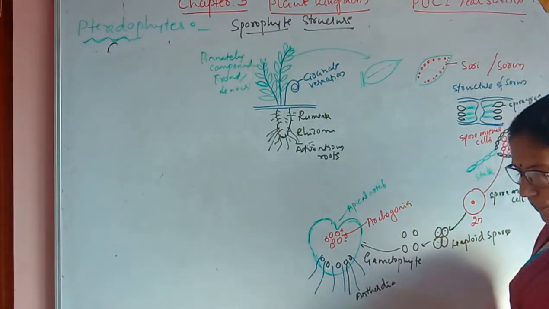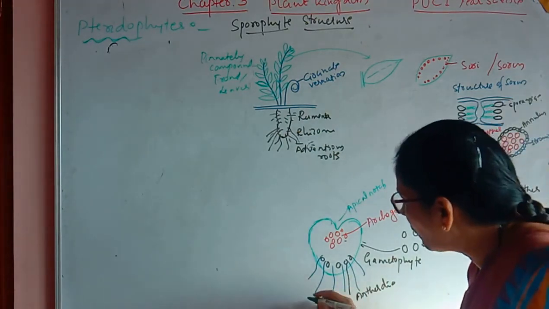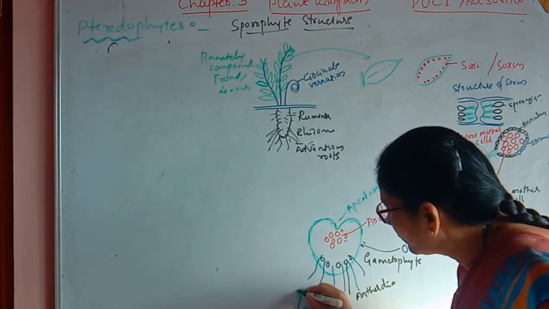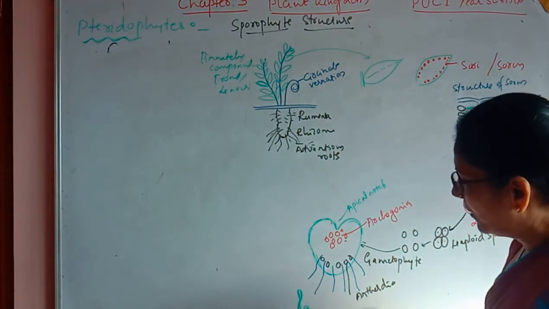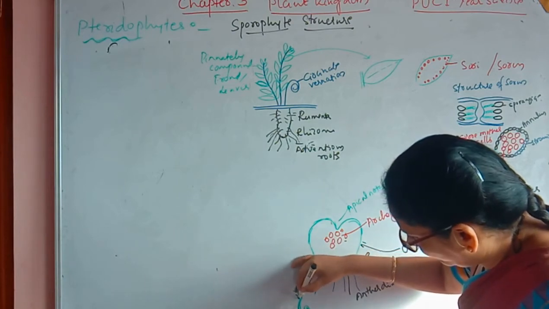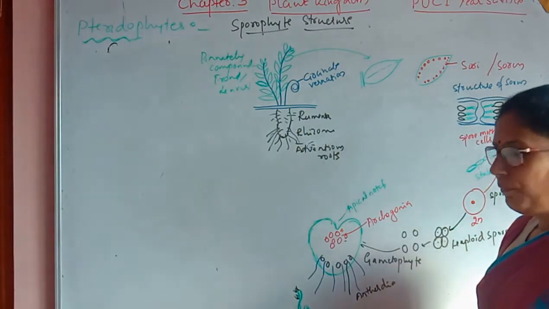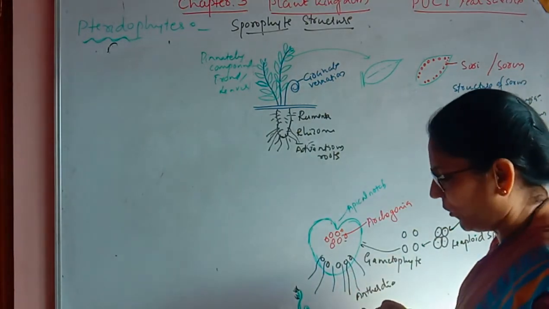And these antheridia produce antherozoids. The antherozoids are somewhat coiled structures. And they possess ciliary structures on their surface. With the help of these, they swim in the water and reach the mouth of the archegonia.